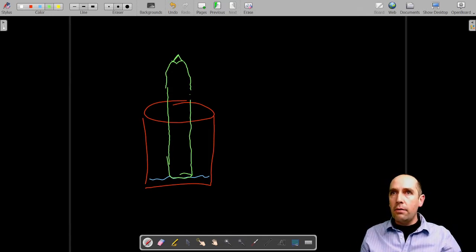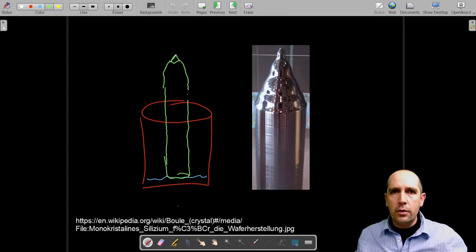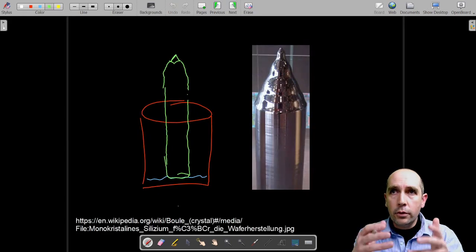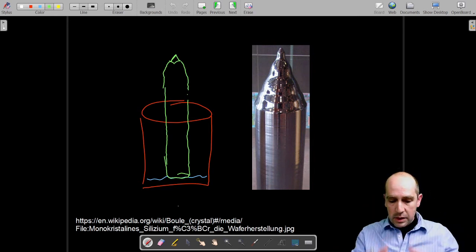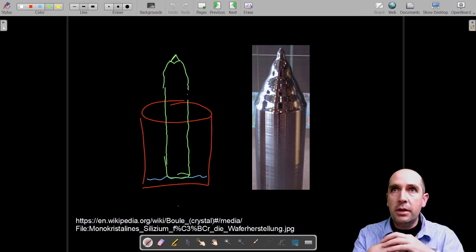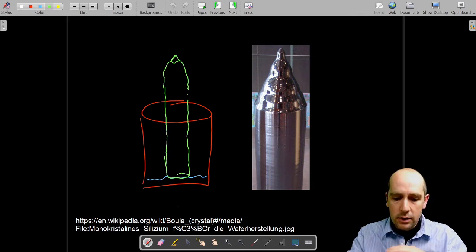So one can have really extraordinary control over the electrical properties of the material that comes out. Here I include a photograph that I took from Wikipedia of an ingot, which is basically this big rod. It's a really big chunk of material.